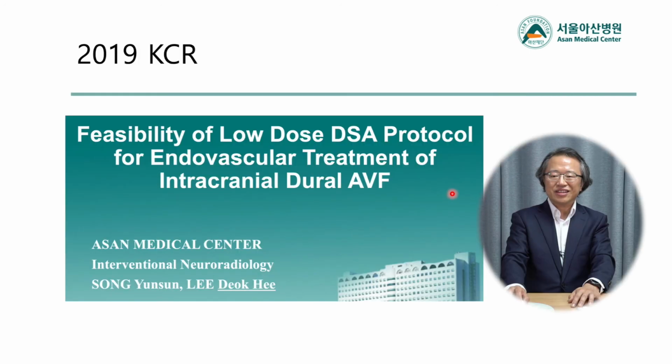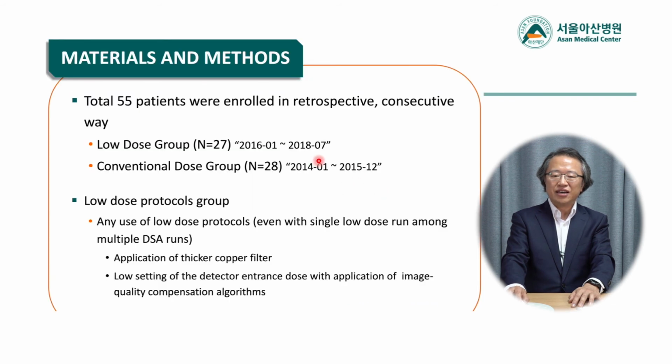For the first clinical application of low-dose DSA, we thought that dural AVF embolization could be a good indication. So we started to apply low-dose DSA since 2016. We selected the historical control from 2014. Low-dose setting meant any application of low-dose setting.